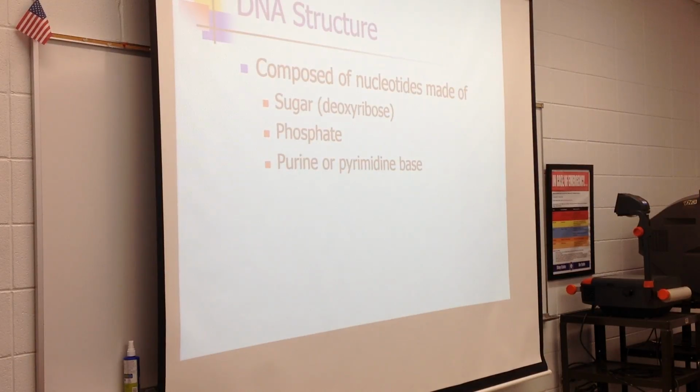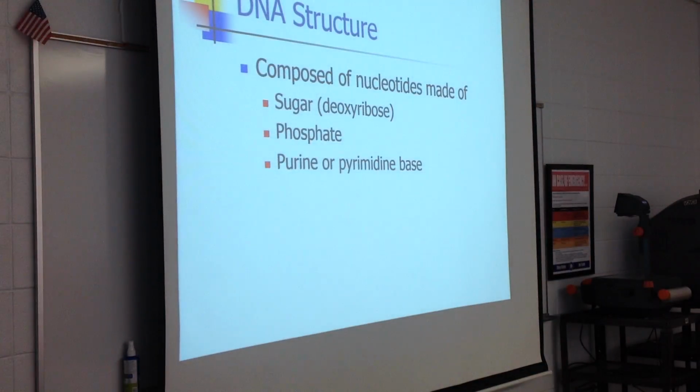Now, remember that DNA is made by stringing together what we call nucleotides. And those nucleotides are composed of the sugar, and in the case of DNA, it's deoxyribose, which is one of the pentoses, remember.